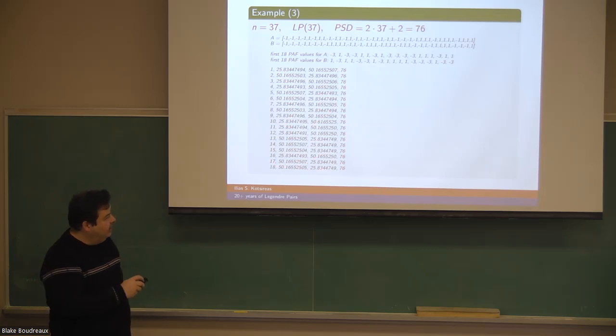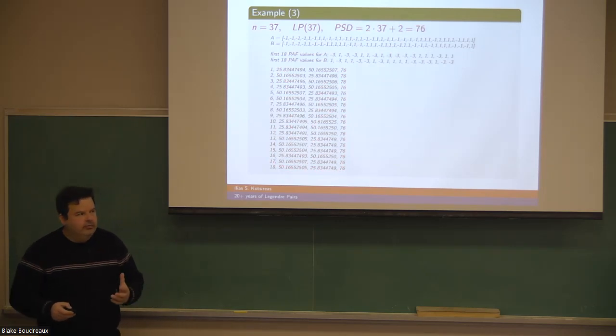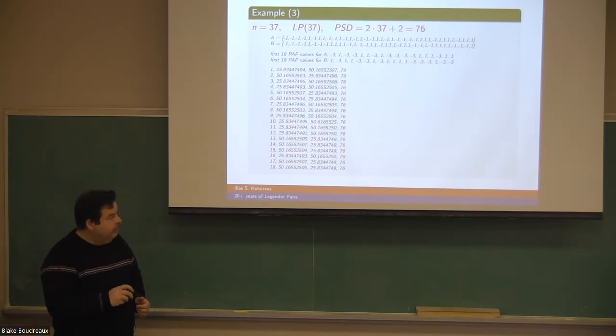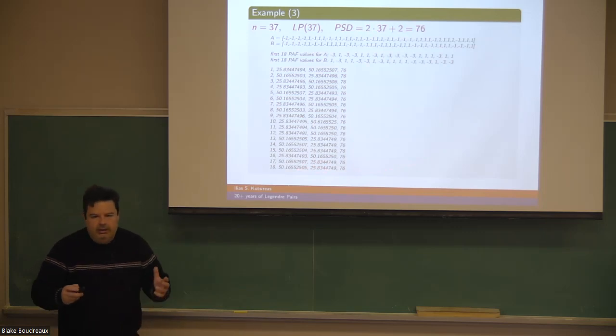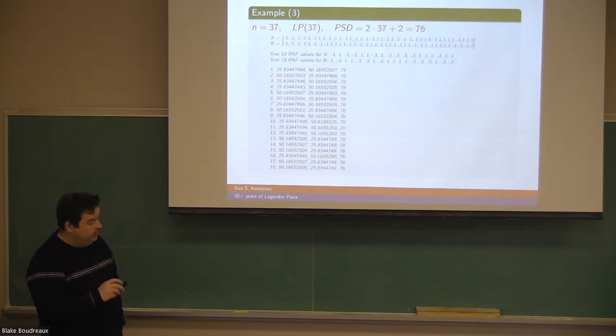Although these are floating point values, the sum is equal to 76 as an integer in exact arithmetic. So that means that in algorithmic schemes to look for Legendre pairs, you have to pay attention to these properties. Otherwise, your code will be incorrect.